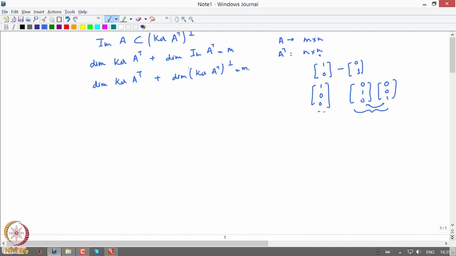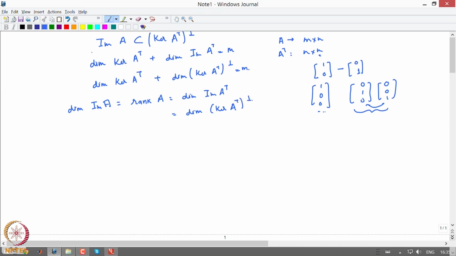So, from these two things what we can conclude is that the dimension of the image of A, which is also the rank of A, is equal to the dimension of the image of A transpose. This is also equal to the dimension of the kernel of A transpose with the perp, right.